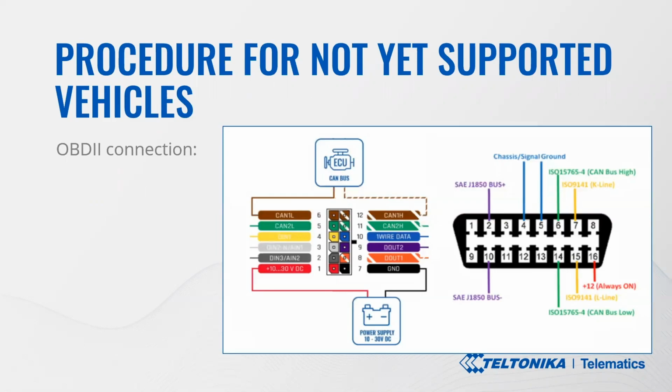Basically, FMB 140 CAN 1L and CAN 1H wires have to be connected to OBD connector pin 14 and pin 6. That's all for the connection in regards to the OBD port.